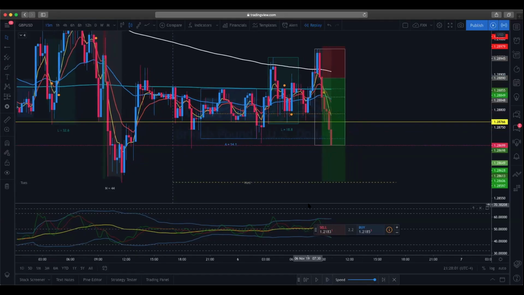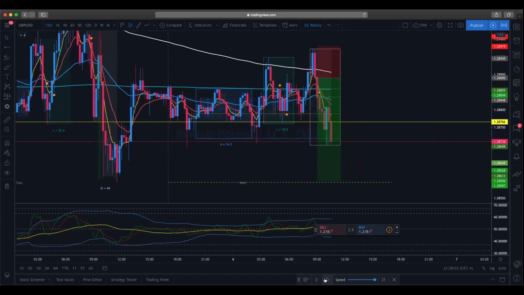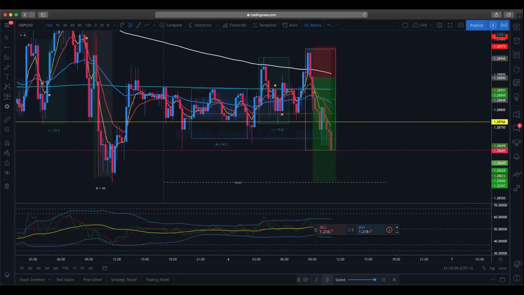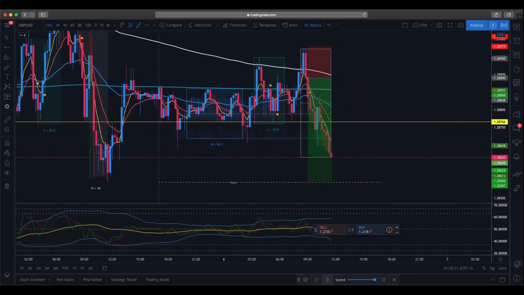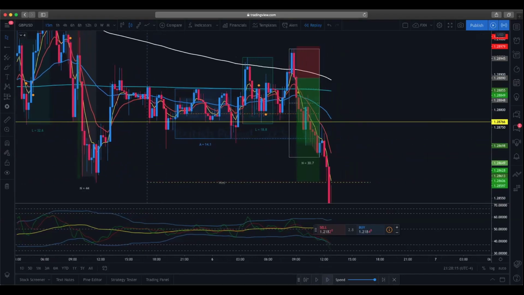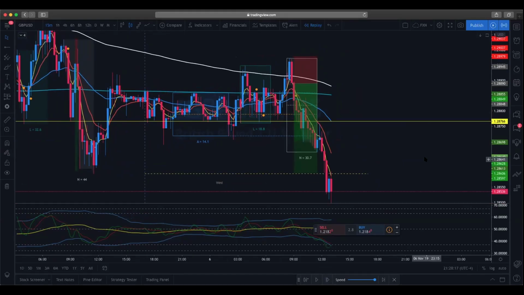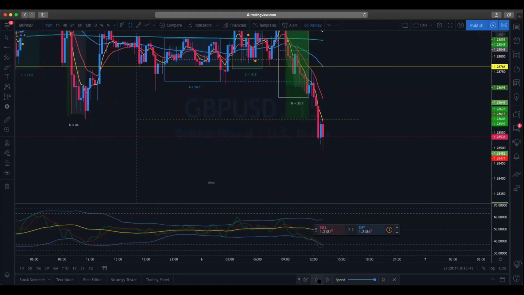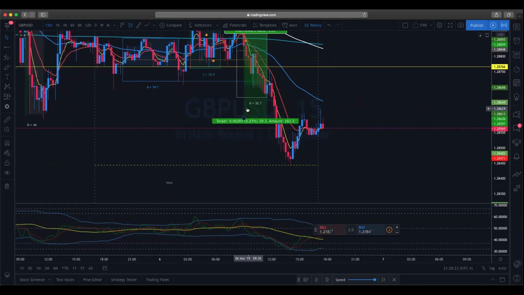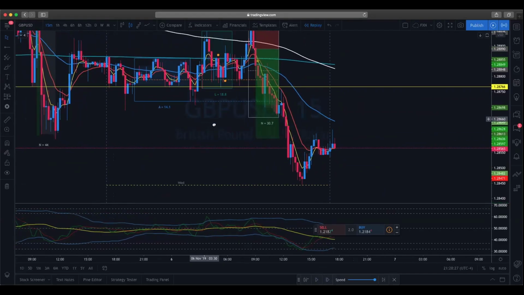I don't know if it'll go that low, but I'm just using this line here from yesterday's low. It does go that low. Holy shit, it goes lower. It goes way low. That line of yesterday's low was about 29 pips.